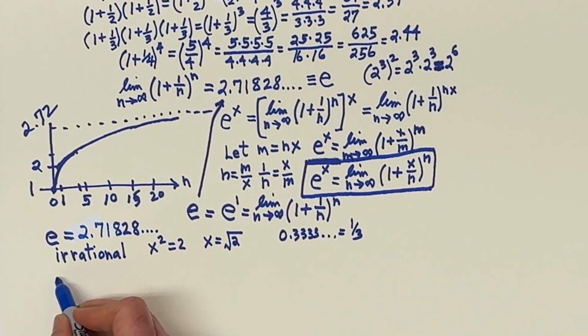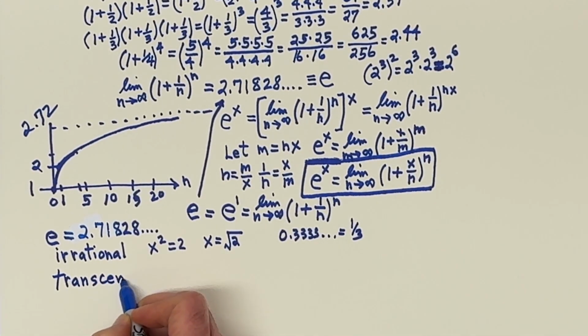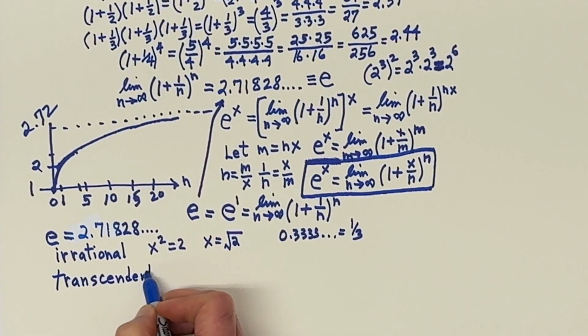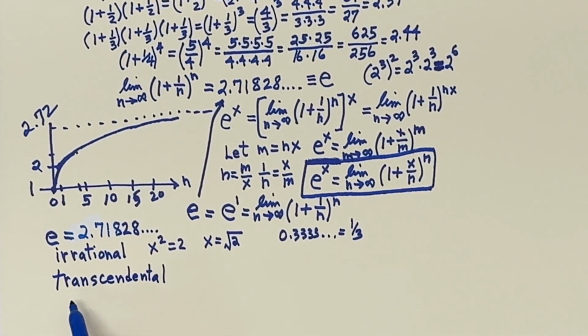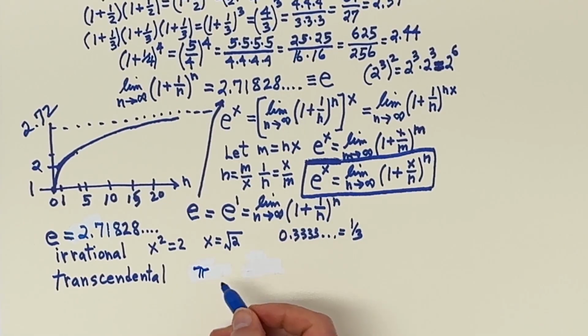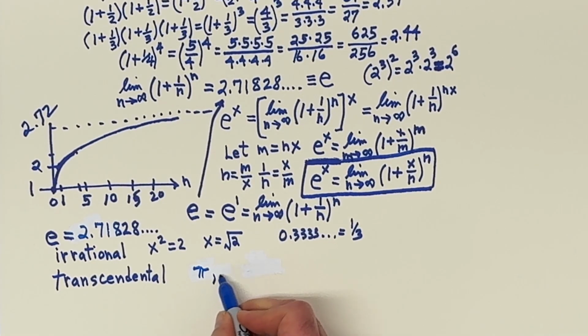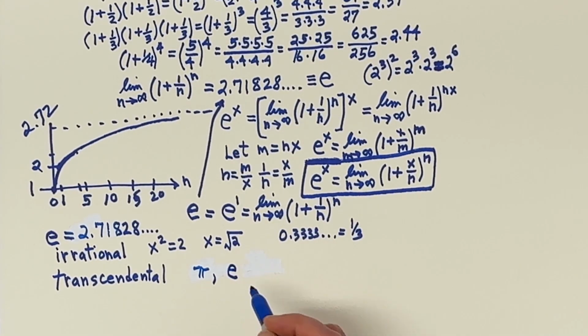Now, a transcendental number is one that cannot be given as a solution to a polynomial with integers. An example of a transcendental number that we're familiar with is pi. You can't get pi by a solution of some algebraic equation where you have integers and powers. And e is another example of a transcendental number.